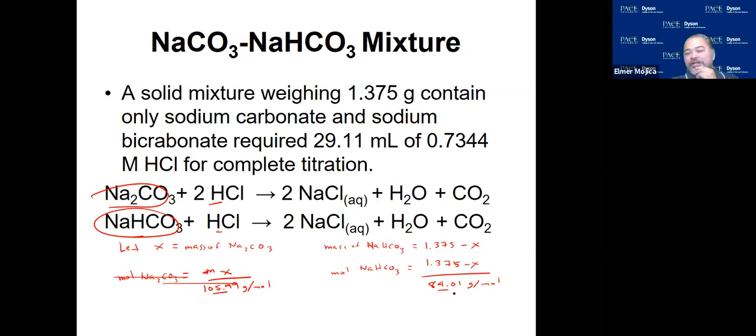Now, what else do we need to know? What does this mean? You can get the moles of HCl. This is the moles of the HCl, or to make it clear, the total moles, because that's what you need to react with both the sodium carbonate and the sodium bicarbonate.